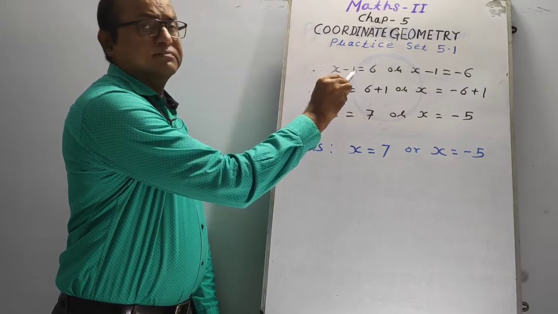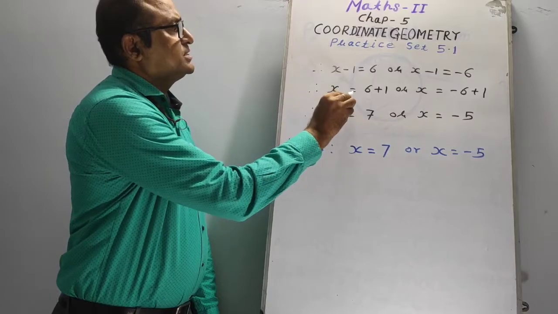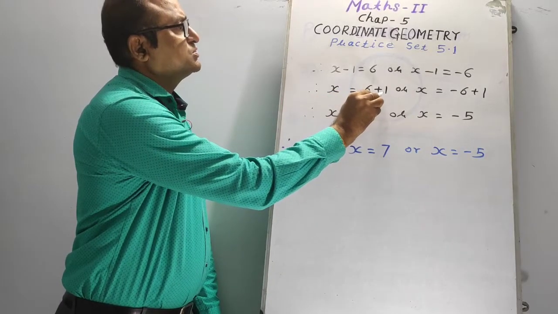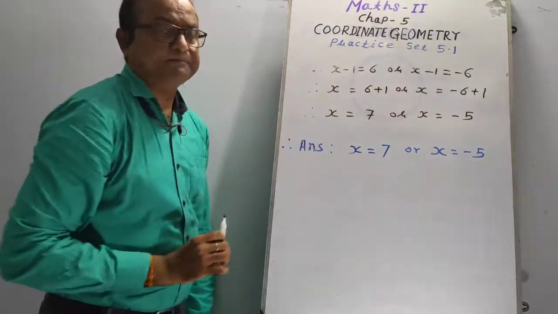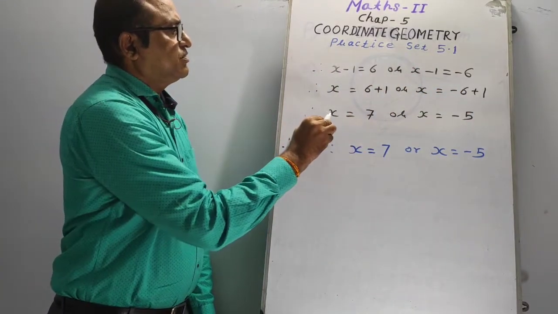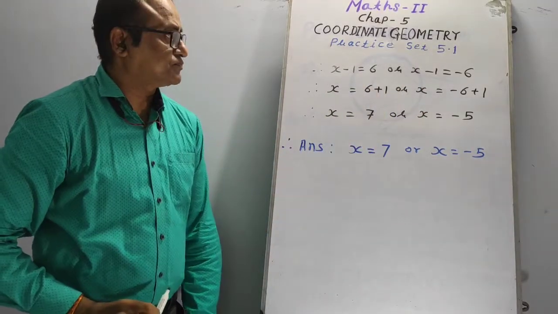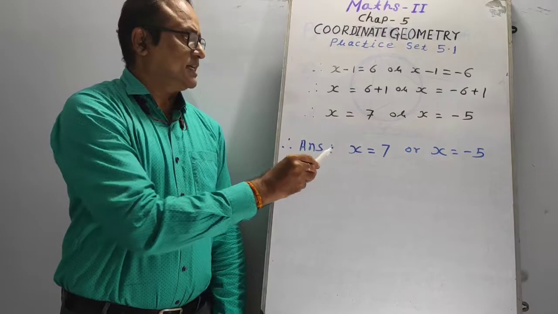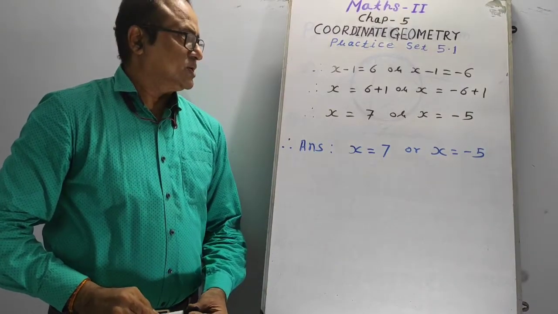After transferring the term, the sign gets changed. Therefore, x is equal to 6 plus 1 or x is equal to -6 plus 1. Therefore, x is equal to 7 or x is equal to -5. Therefore, the answer is x is equal to 7 or x is equal to -5. All of you understood?